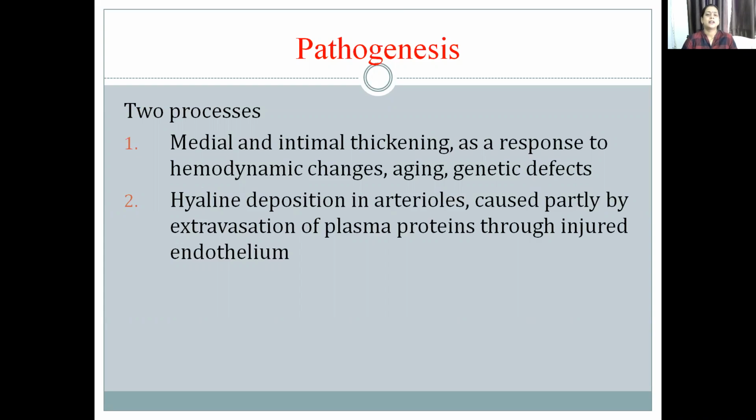It is almost the same in benign nephrosclerosis, wherein the vessels in the renal parenchyma are affected. So that is medial and intimal thickening and hyaline deposition. Hyaline deposition is because of extravasation of plasma proteins.